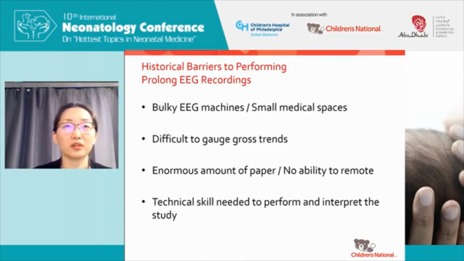There'd be an enormous amount of paper that you would have to collect and have the EEG technologist bring down, and definitely no ability for bedside remote viewing to tell you what was going on in real time. And then obviously you needed technologists who would be able to place the leads, know how to manage that EEG machine if the pen wasn't working, and also have the technical skill to interpret it.